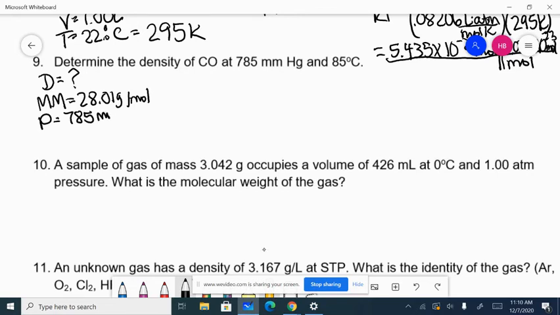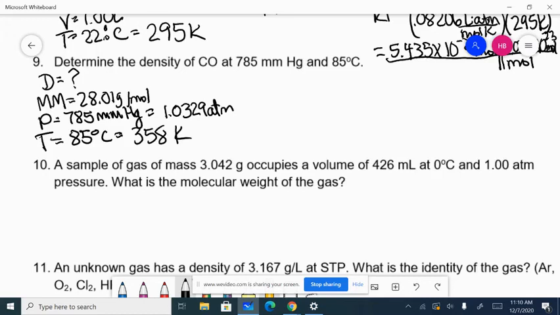We'll divide that by 760 because there's 760 millimeters of mercury in 1 atmosphere to get 1.0329 atmospheres, not worrying about significant figures, and a temperature of 85 degrees Celsius. I'll change that to Kelvin right away to get 358 K.